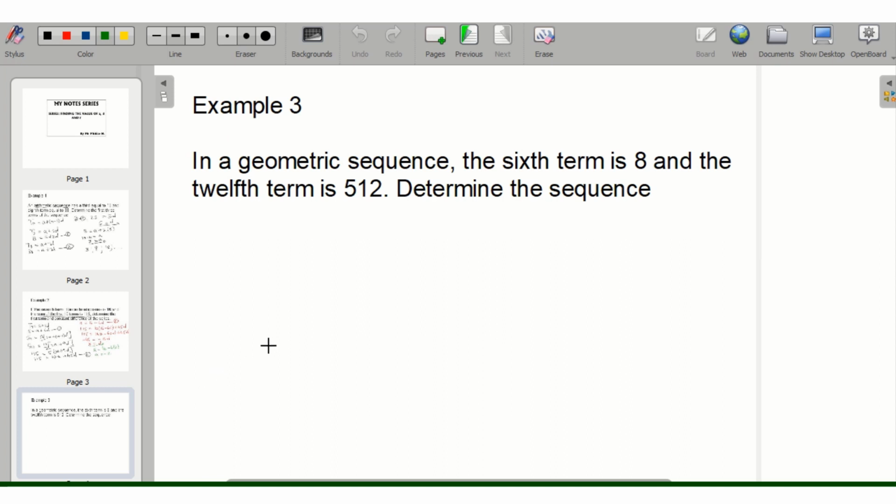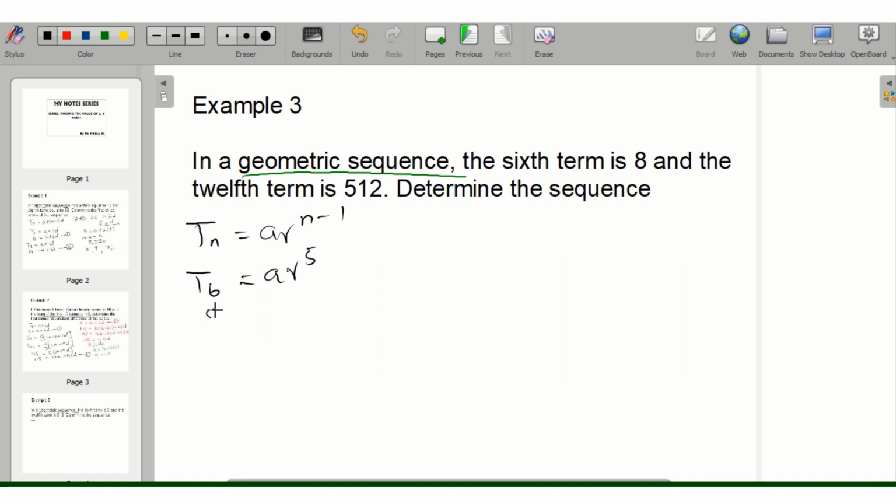The third and final example in this situation is a different one because now it's a geometric sequence. Let us get back to black. So in a geometric sequence, the sixth term is 8. Tn for a geometric is ar to the power n minus 1. So T6 is ar to the power 5.